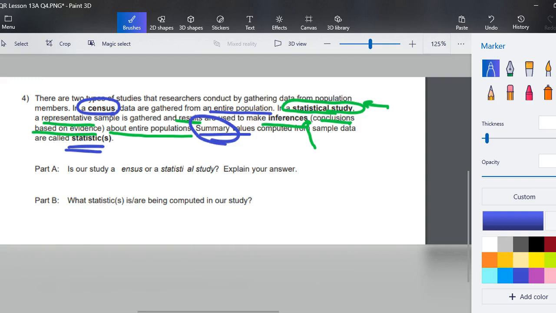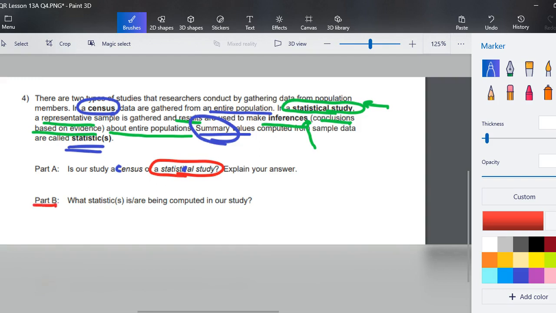In our study, is our study a census or a statistical study? And explain your answer. In the study that we are talking about, it is a statistical study because we are using data from a sample.